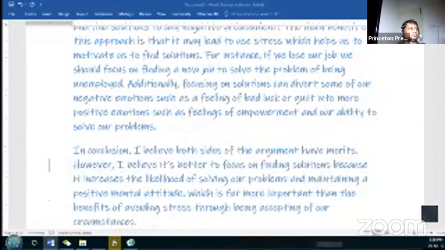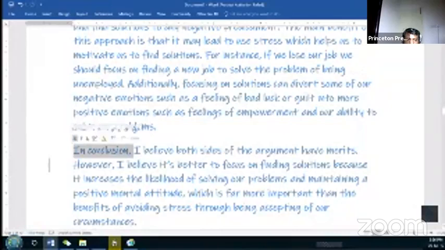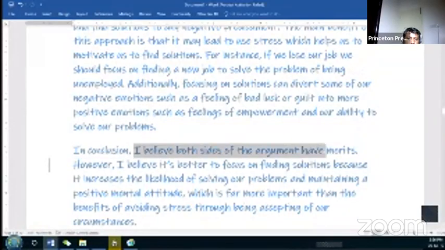Now, I'd just like to explain a few quick points about this concluding paragraph because I think it can really help you with your essays. So, I signalled the start of the essay here with in conclusion. Now I've acknowledged that each side of the argument has merits.